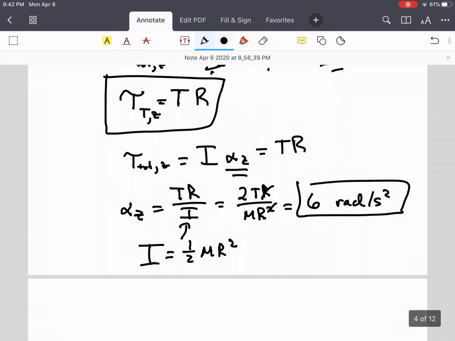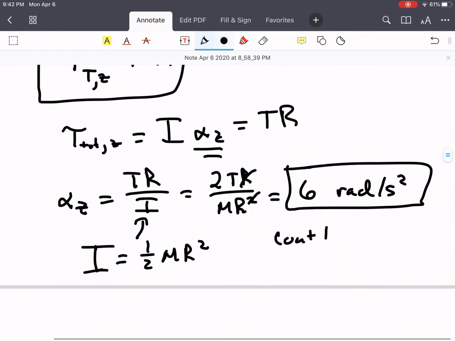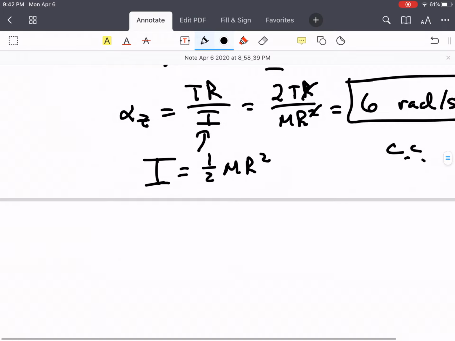So I accelerate at a constant positive acceleration of 6 radians per second squared, which makes sense because it's counterclockwise. Remember, counterclockwise is positive. Counterclockwise, which I will abbreviate CC.